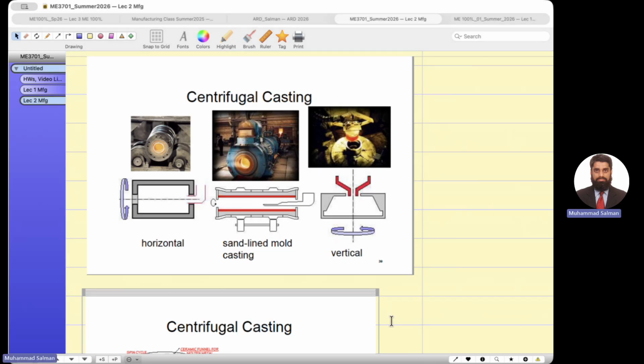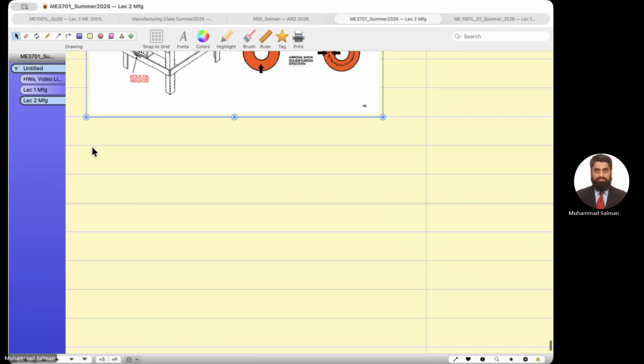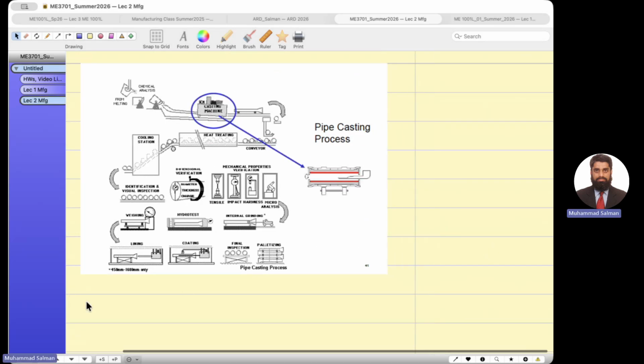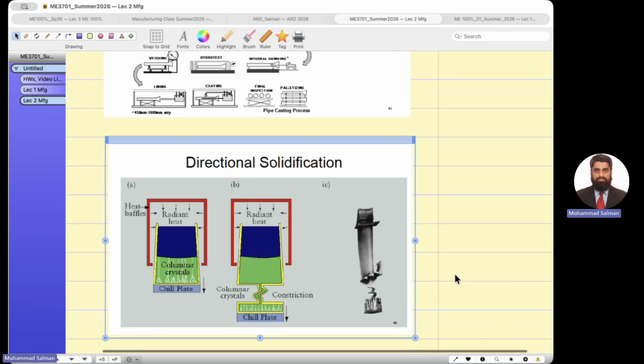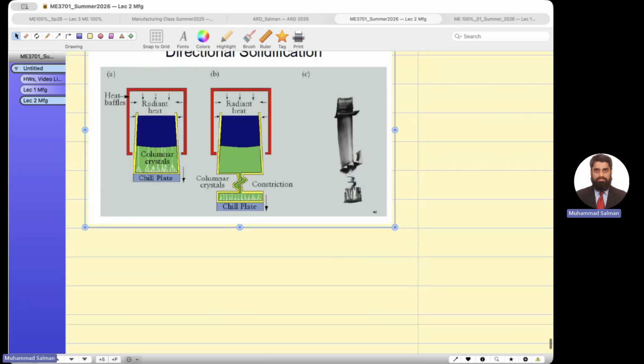The pipe casting process. The directional casting process. So it is in one direction, it starts solidifying in one direction and keeps on going into the other direction.